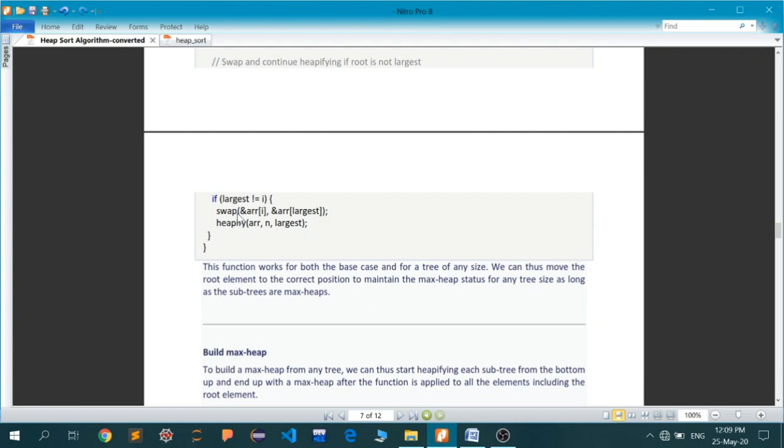The element at I, that is the initial root, and the element at largest will be swapped with each other. Then heapify the complete array, the complete number of elements, and largest. So heapify has called heapify again.